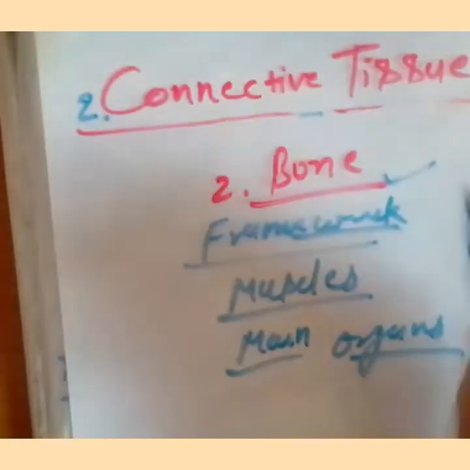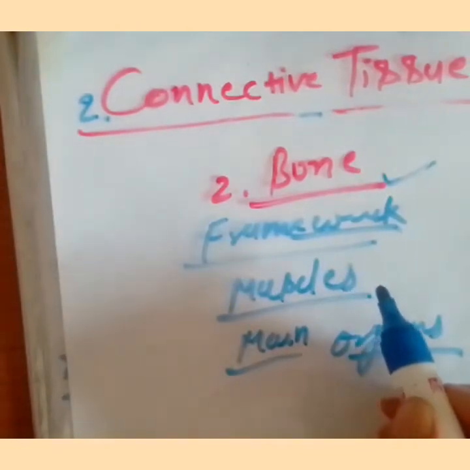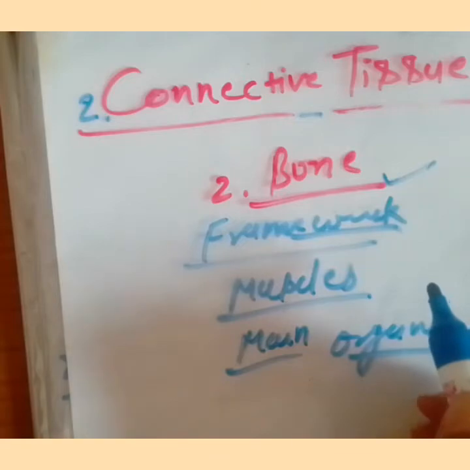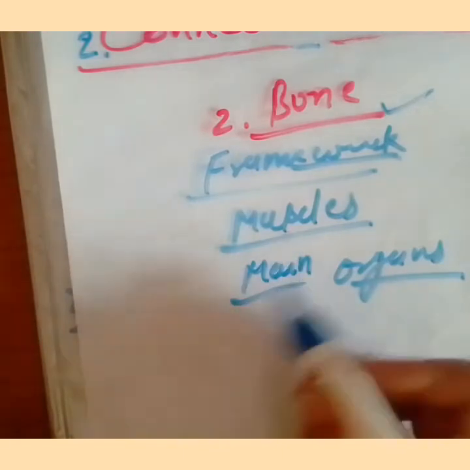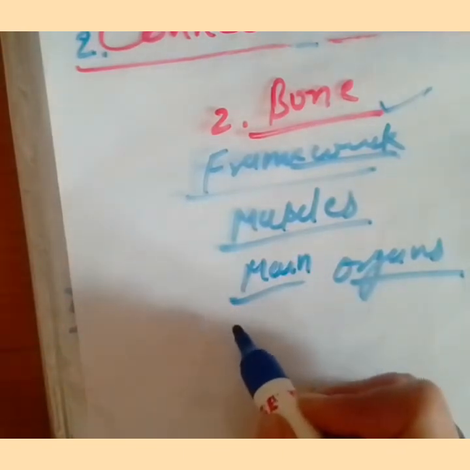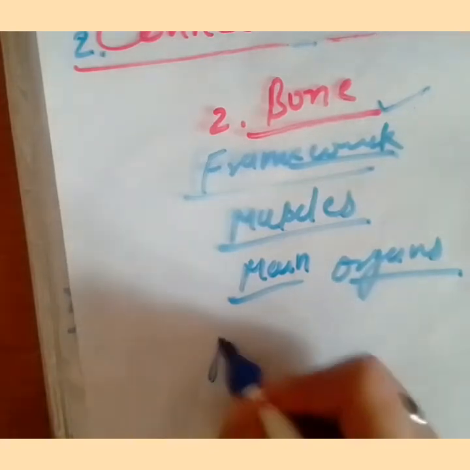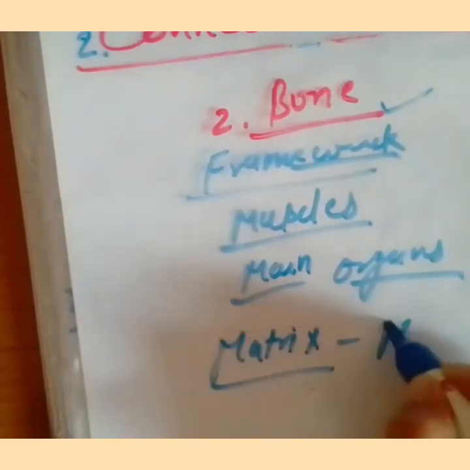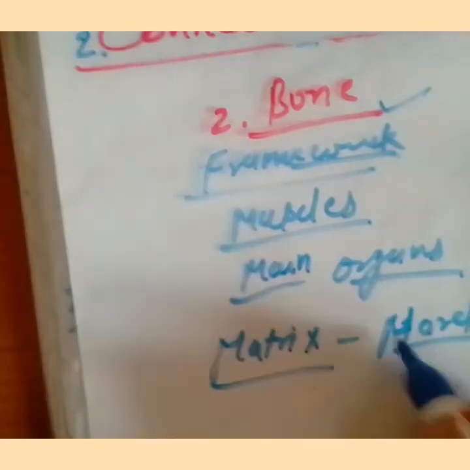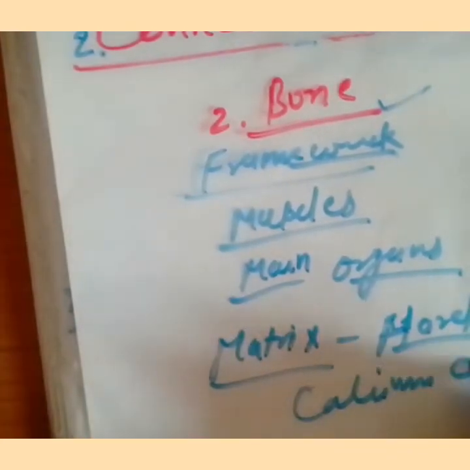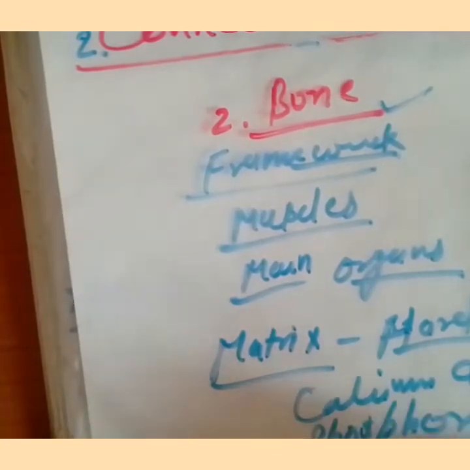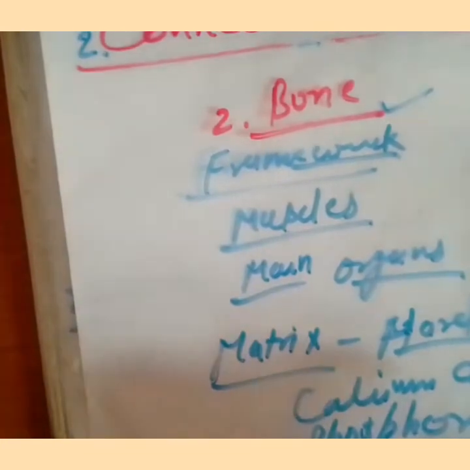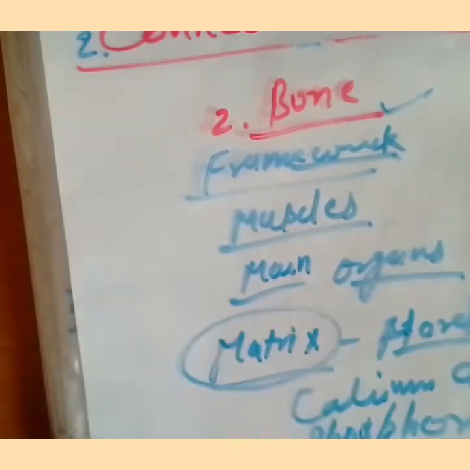And you know that bone is strong and inflexible, non-flexible in nature. So bone cells are embedded, same like the blood matrix will be here, but the matrix will be hard. Okay, matrix will be hard and that is made up of calcium and phosphorus compounds. That is why the matrix is hard, and the cells are embedded in this hard matrix.